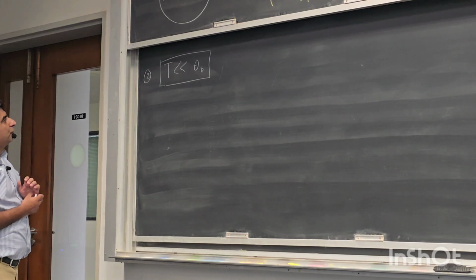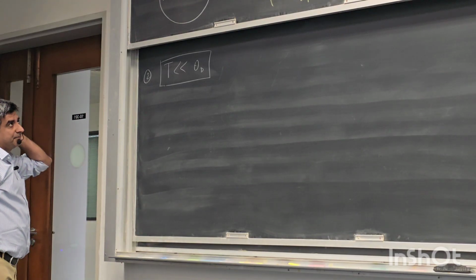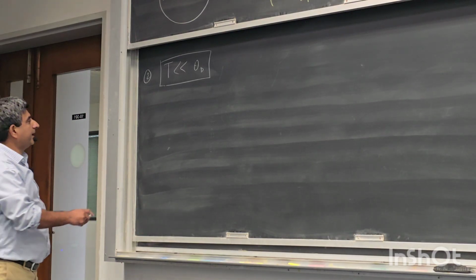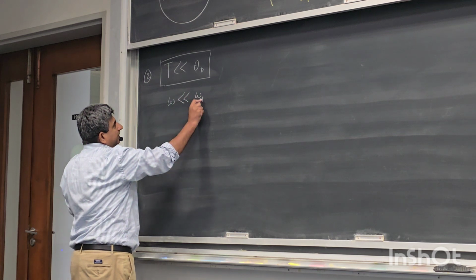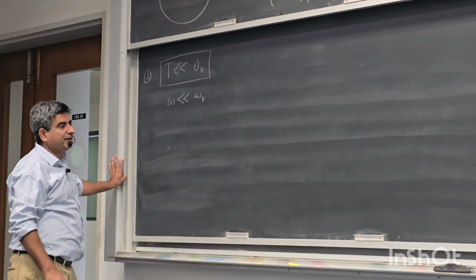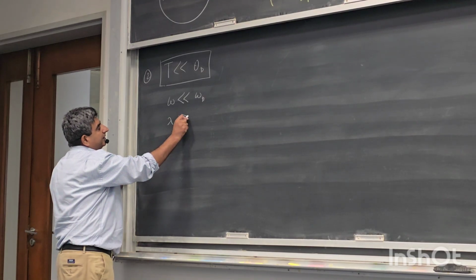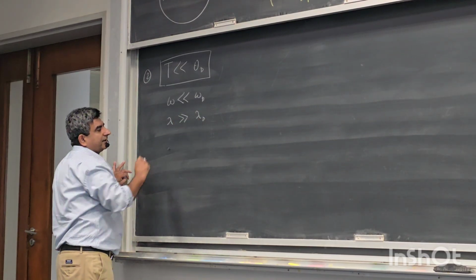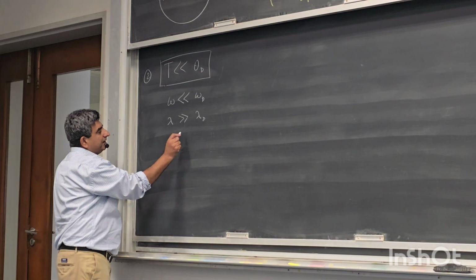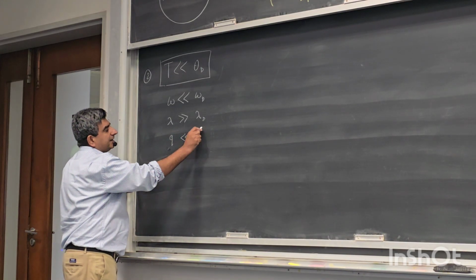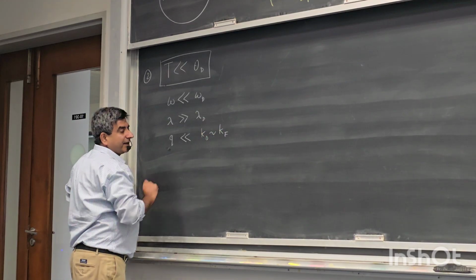So at these low temperatures, what's going to happen is that omega is much smaller than omega D, which means that the wavelength is larger than lambda D, the Debye wavelength, which means that q is much smaller than kappa D or k_F.